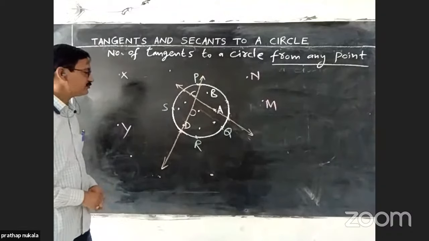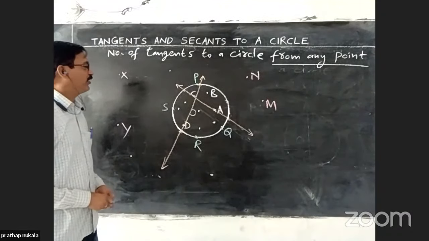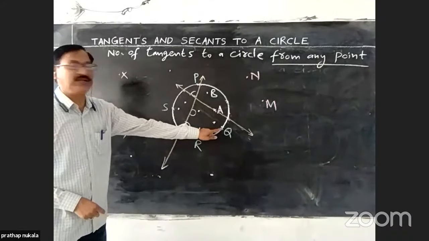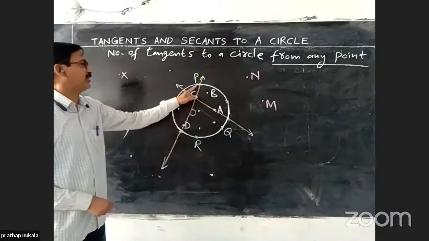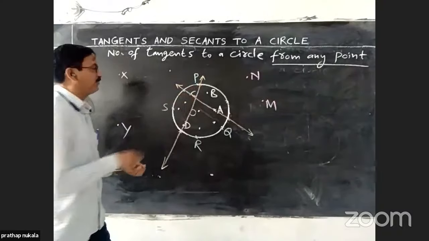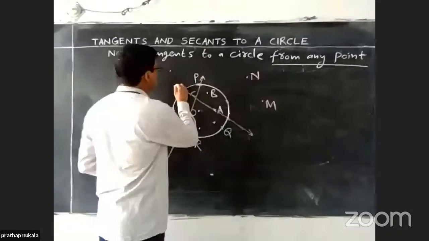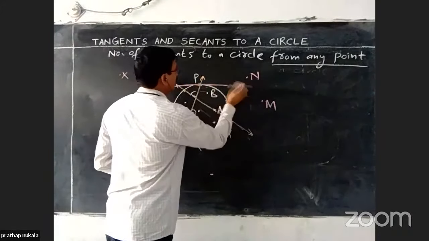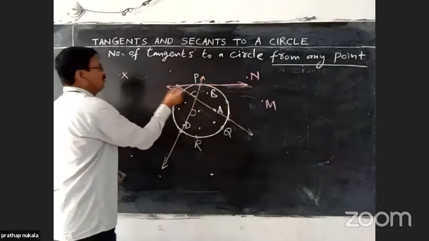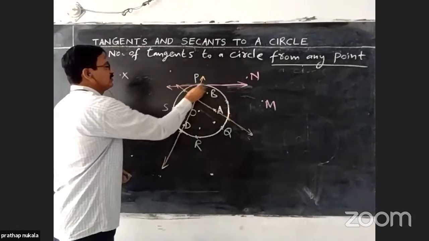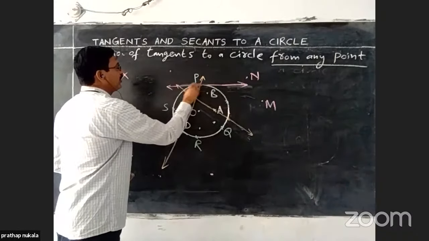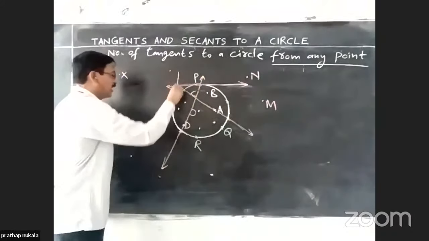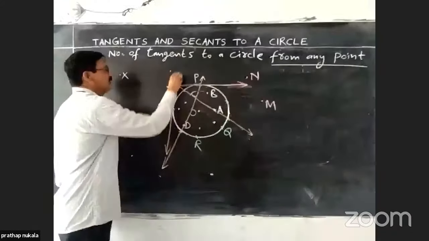Next. Now, if we draw a tangent through a boundary point, or at a point on the circle, take the point P and draw a tangent like this. Through S, draw another tangent like this.